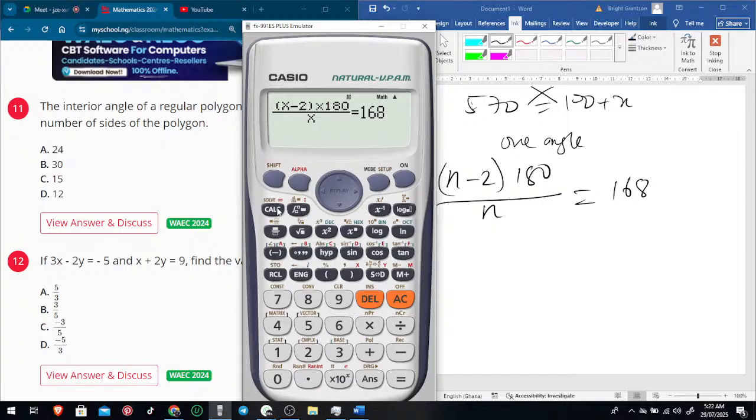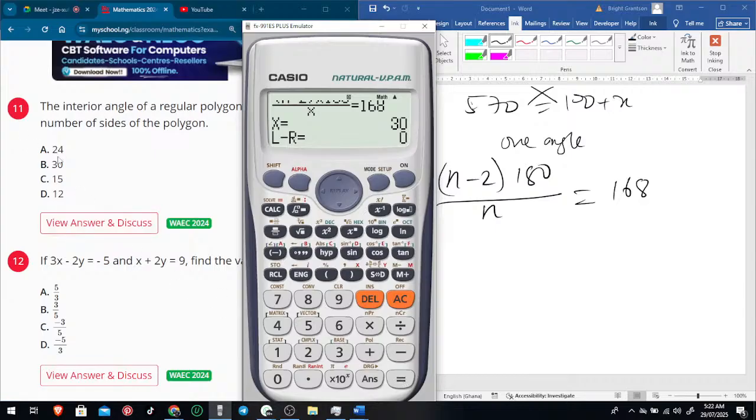Whenever you see an equation in the objective questions, you can use the calculator to do it. So you press shift solve equal to 30.